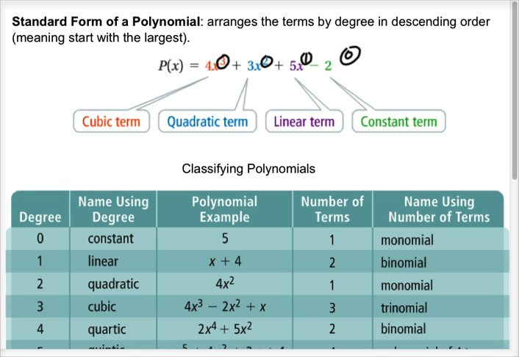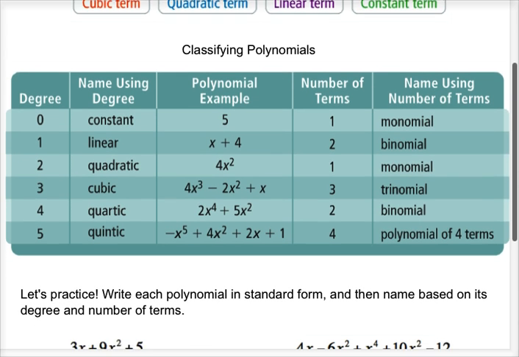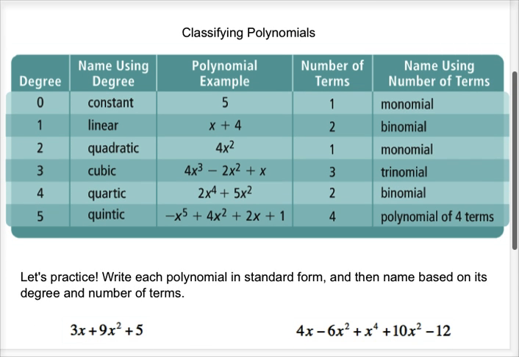Now, while on the topic of these exponents, these degrees, there's ways of classifying polynomials, ways to name them. So, if you reference this chart here on classifying polynomials, there are 2 ways to name polynomials, okay?